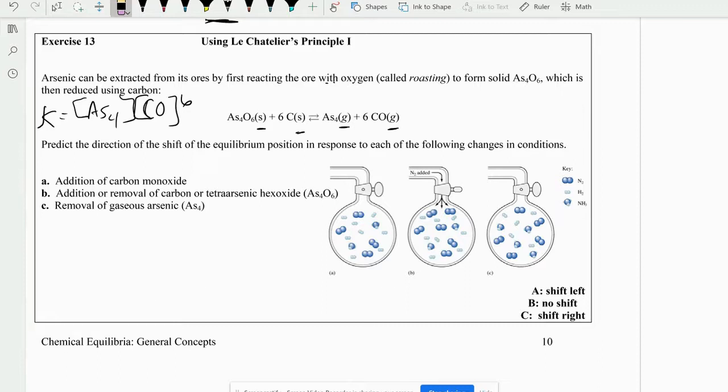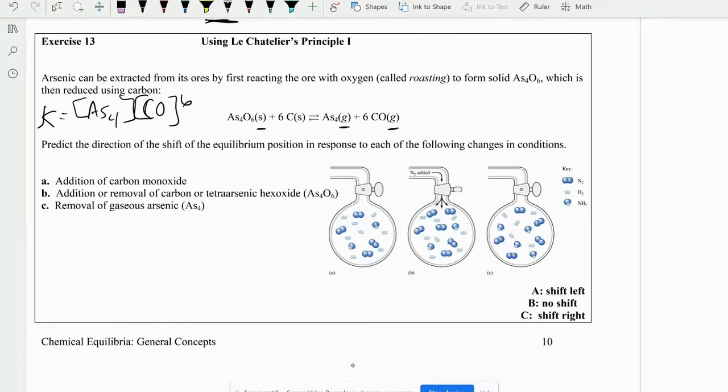So now we know what we're really looking at: what is happening to these 2 gases. 13A is asking, what if we add more carbon monoxide? That's this species right here.